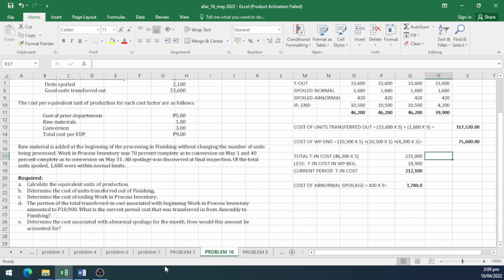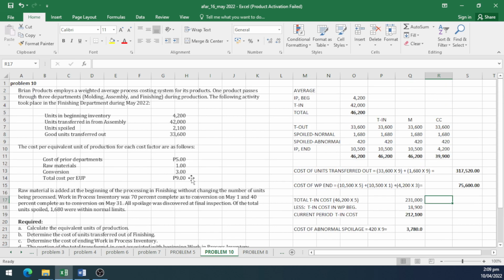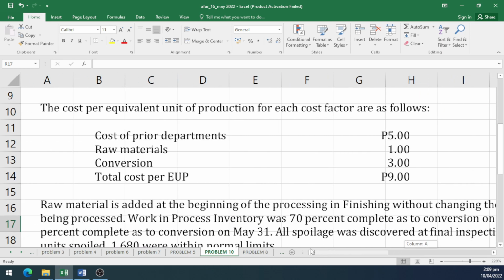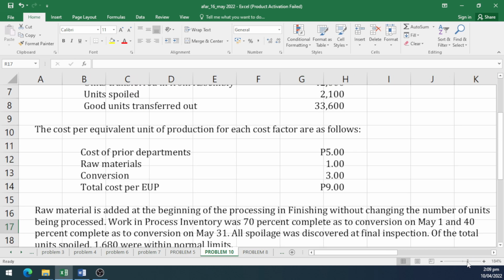Okay, next, we proceed to problem number 10. This is weighted average process costing. And this is discrete loss discovered at the end of the process. So we need to determine kung normal or abnormal.